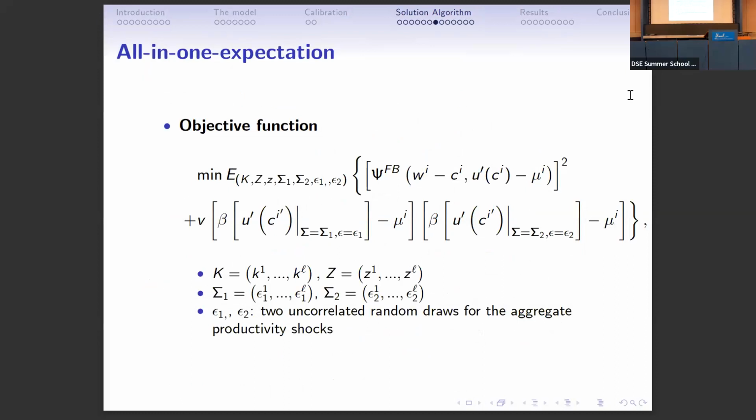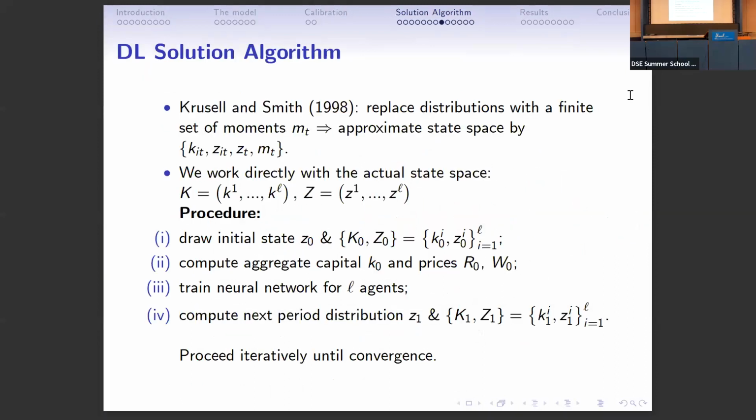For Krusell-Smith, it looks similar. I just wanted to mention that when we solve this model for Krusell-Smith, it's easy because you just need one neural network from which you can compute aggregate capital. When you have a HANK model, because of the more complicated structure, you cannot just use one neural network. You need more.